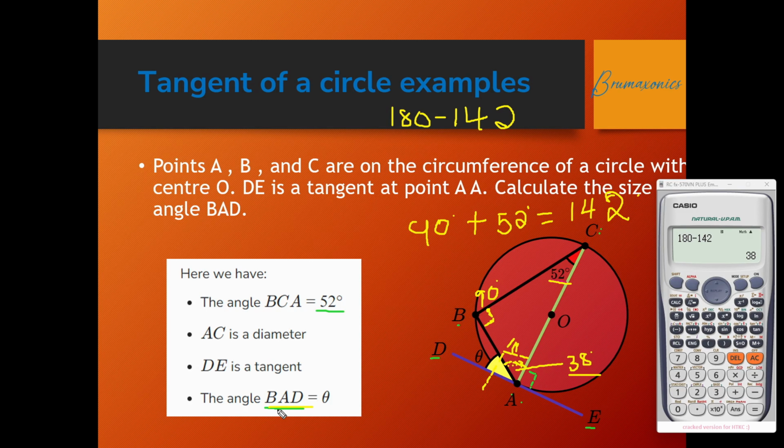So meaning that we are going to say that BAD is equal to 90 degrees minus 38 degrees, and this is equal to 52 degrees. So this is how you can actually approach this question and be able to deal with it later.